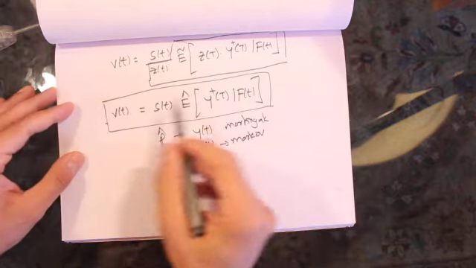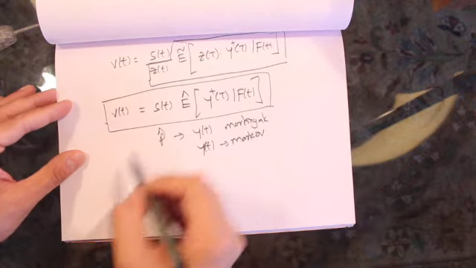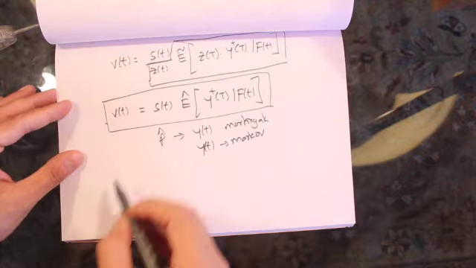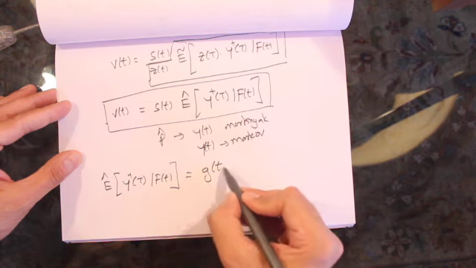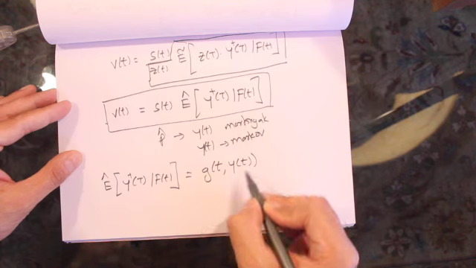Okay? And since it's a Markov under p hat, we can basically write this expectation y plus of t as a function of time and y of t, right?